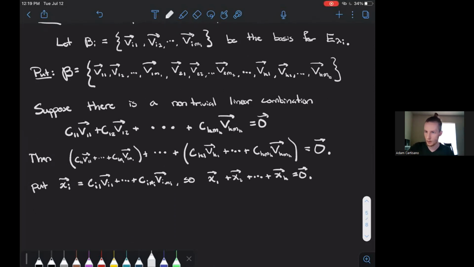Now the question is, which one is it? Because each of these vectors, can you guess it? Each of these is an eigenvector.